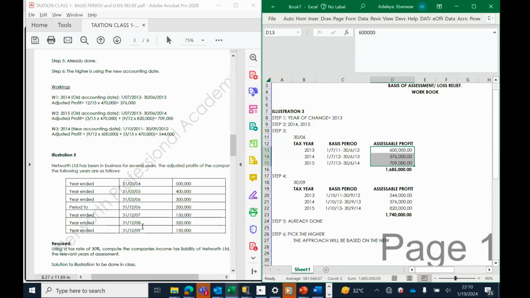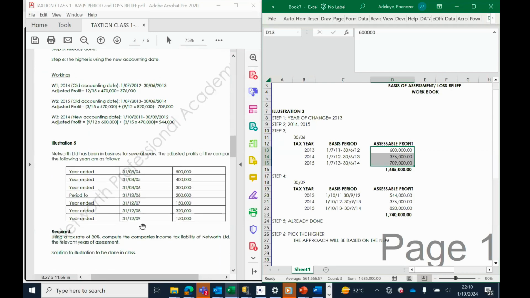Then we'll solve this one together as well, and that will be all for today. Then I will introduce loss relief and we'll take it up from there for next week. Please use the 2 minutes to go through the workings, the solution that we did.